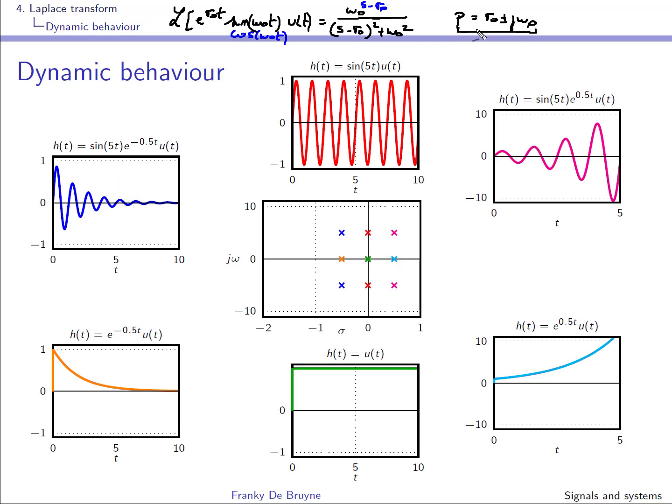So if you have complex conjugate poles, and if the real part is positive, you have a system which has an impulse response which looks a lot like that.